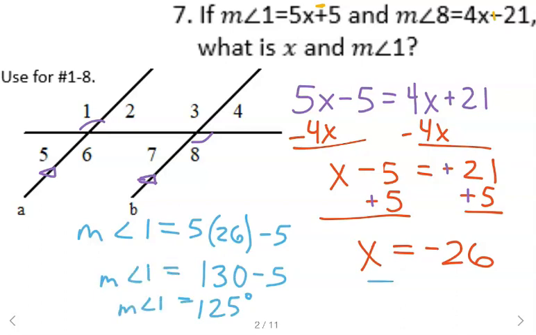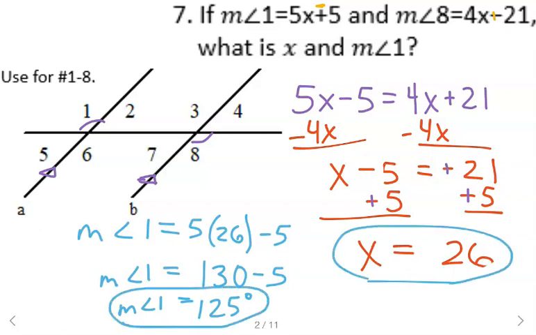Goal here was to find x. We found that to be positive 26. And then we also found the measure of angle 1 to be 125. Again, I'll fix those signs.